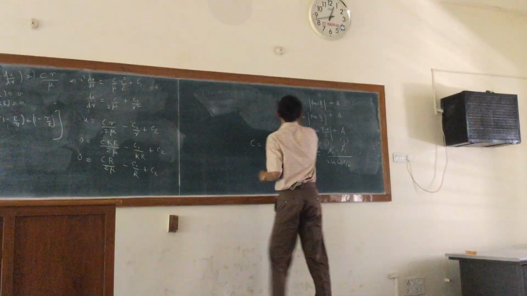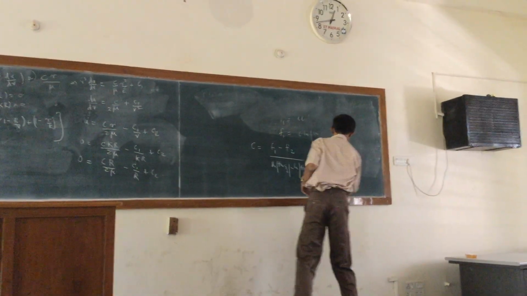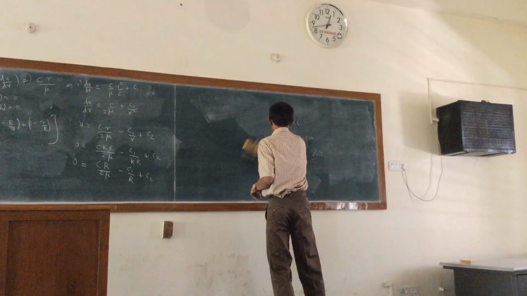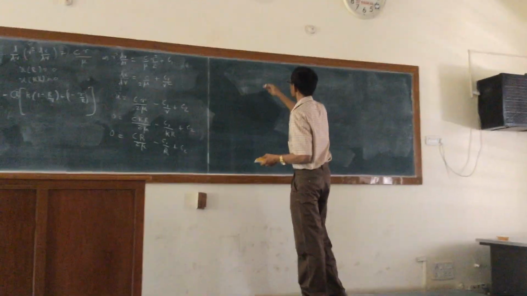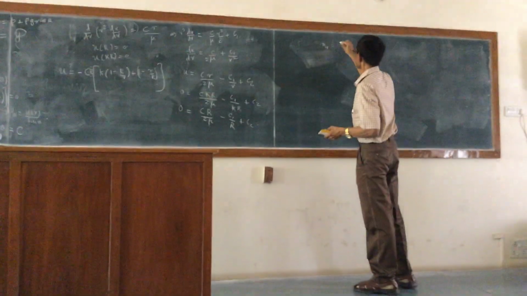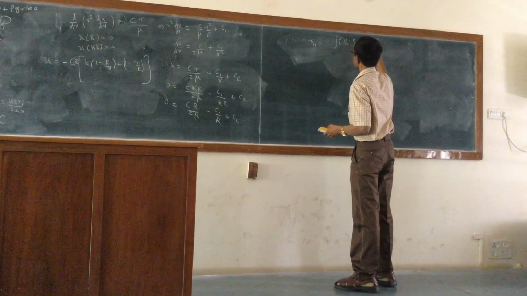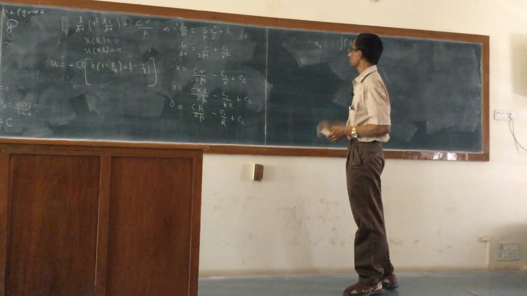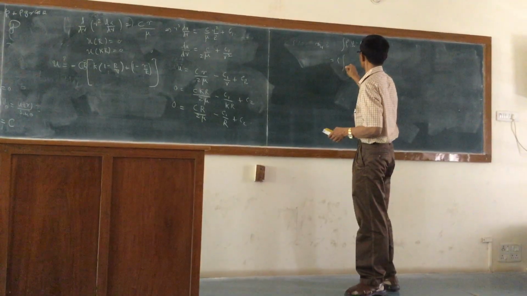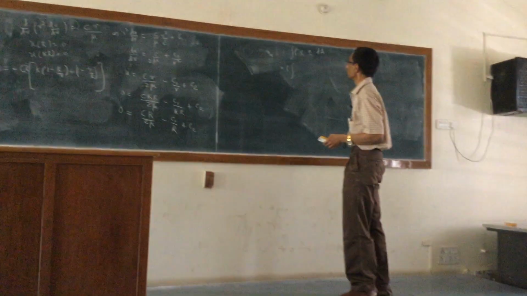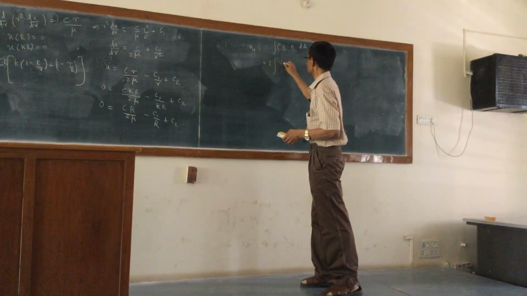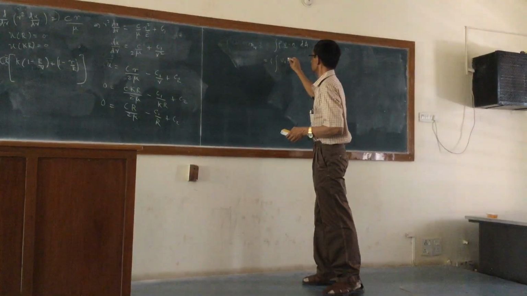So mass flow rate is easily calculated once the velocity is known, right? The general formula for the mass flow rate is the integral of rho v dotted with n dA. Now, this is an incompressible fluid, so rho is fixed, and v is v_theta e_theta.